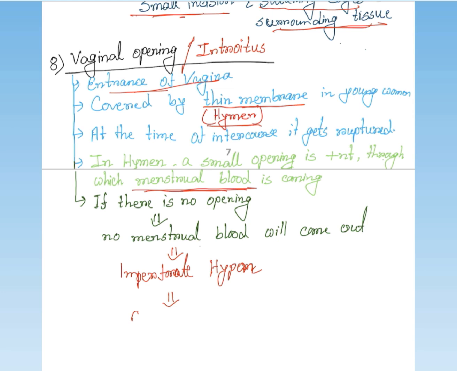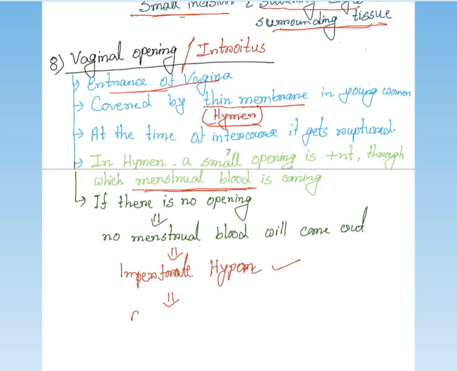In this condition no menstrual blood will come out. So the female will come to you and she will complain, every month I'm going through premenstrual syndrome and all, and if you see, bluish discolorations will be there, every symptom will be present like a menstruating woman is complaining to you, but no menstrual blood will come out, because no opening is there in that hymen.